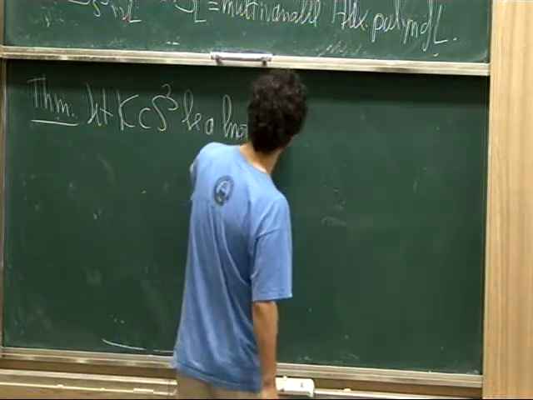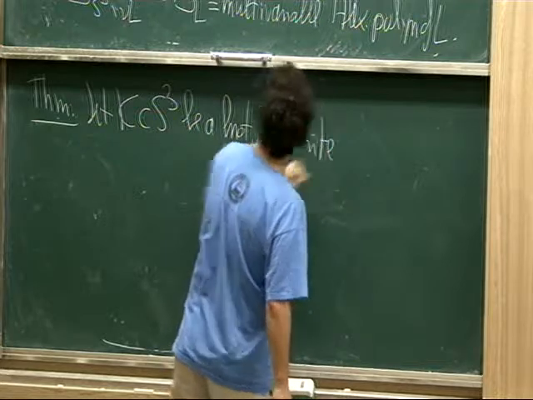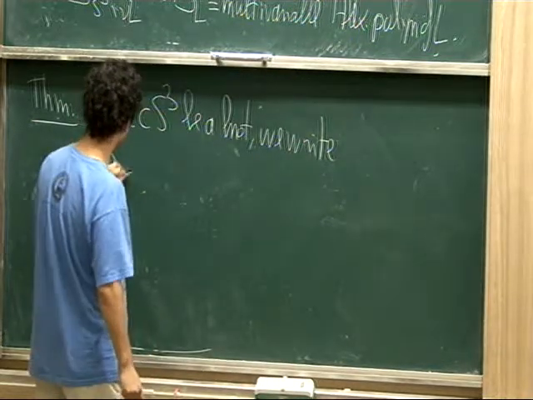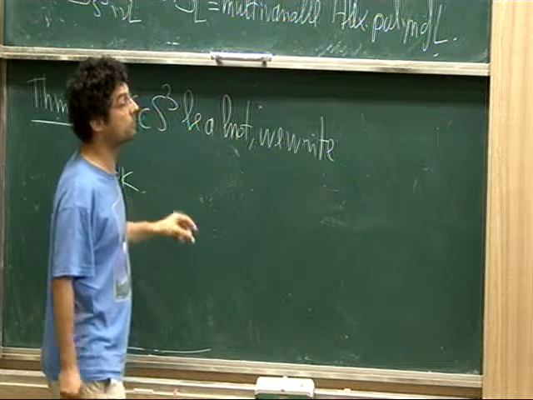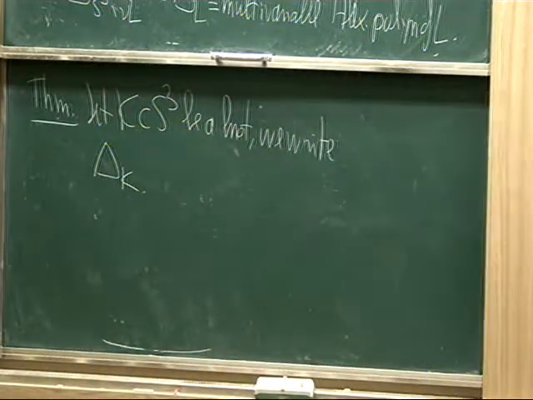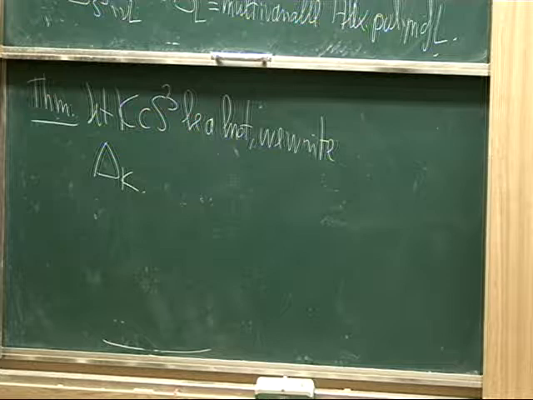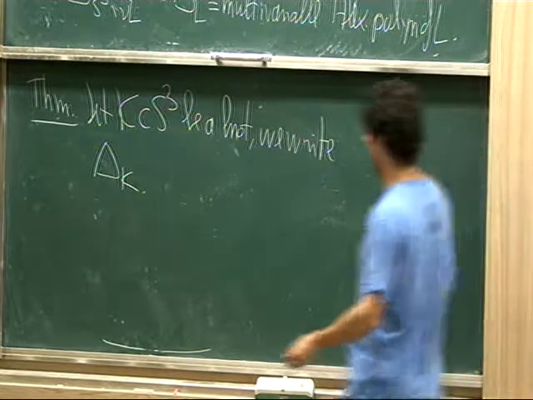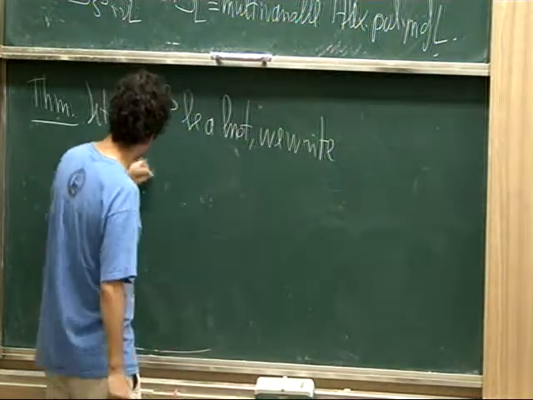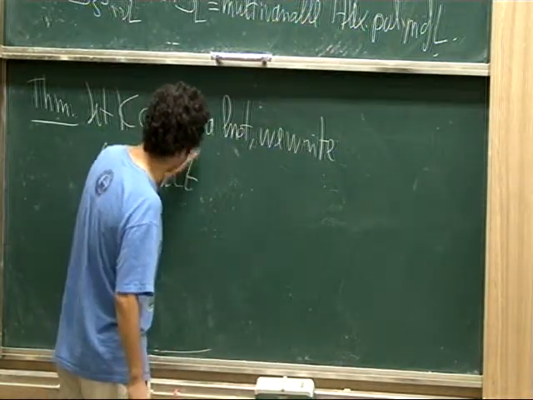We write delta_K; I said it's an element in the group ring of H_1 modulo torsion. What's H_1 of a knot complement? That's just Z. So you get the group ring of Z. What's the group ring of Z? Well, that's Laurent polynomials. So I can view this Alexander polynomial as a Laurent polynomial.